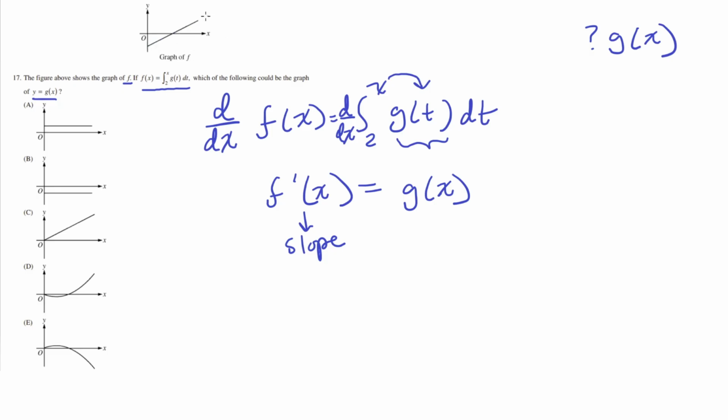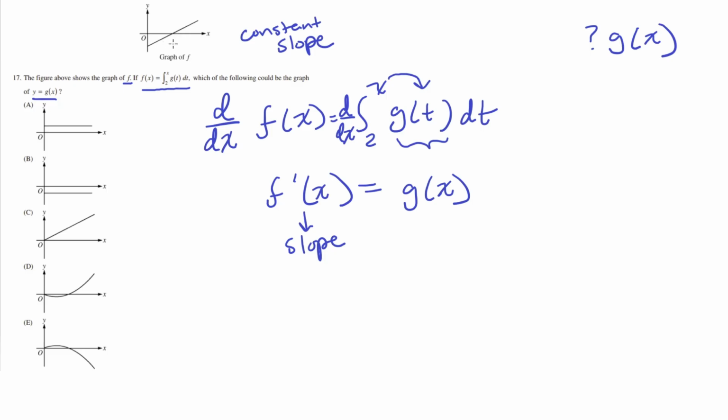And a straight line, a linear equation, has a constant slope. And when we take the derivative of a linear equation, it's just equal to that slope. So that means that g of x is equal to the slope of f of x.